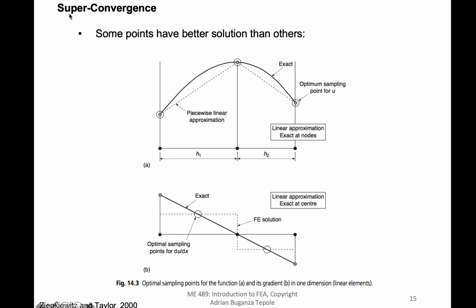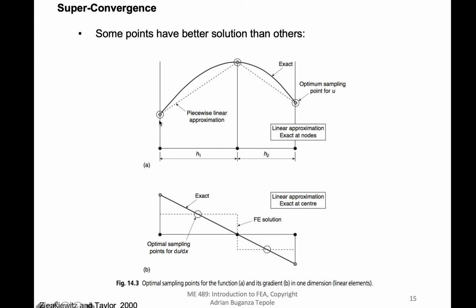Another thing to note about convergence is that not all points have the same convergence. Some points have better solutions than others. For example, let's say that you are solving some problem with piecewise linear finite elements, and let's say that this is the exact solution. Then your approximation with the finite elements will look like this, piecewise linear.